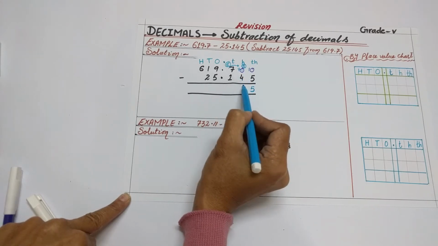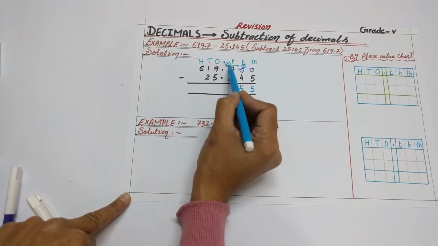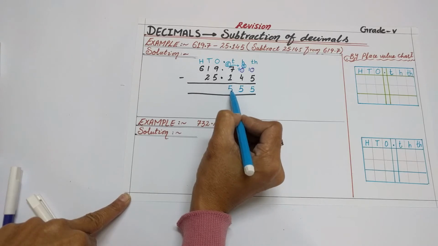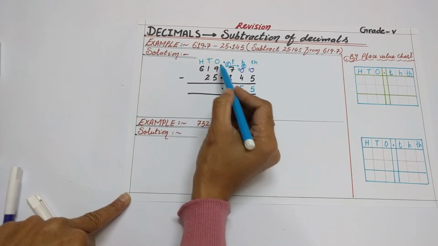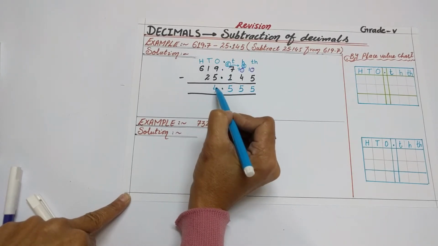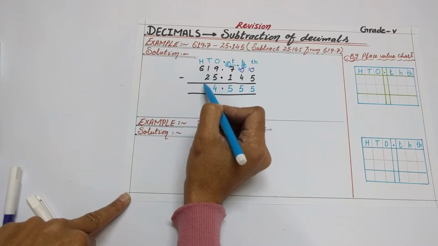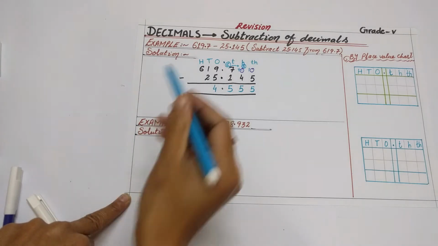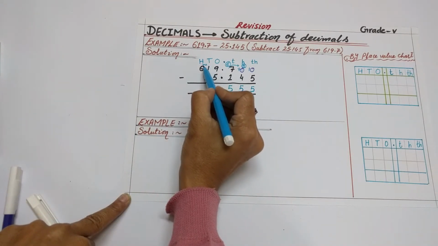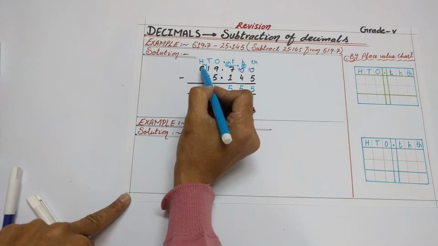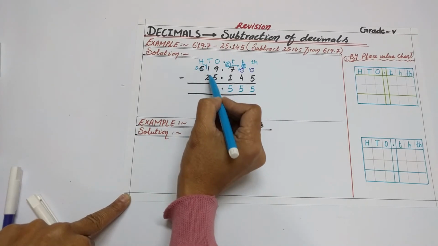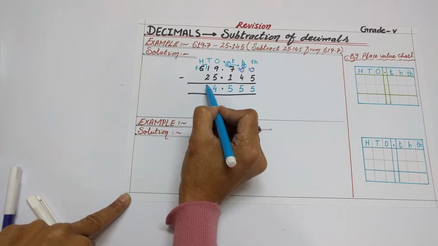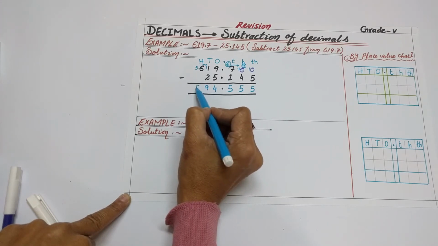9 minus 4 is 5. 6 minus 1 is 5, then the decimal. 9 minus 5 is 4. Now 1 is less than 2, so we will take the borrow from 6. 6 will give the borrow, it will become 11, and the left number will be 5. 11 minus 2 is 9, and 5 will be as it is.